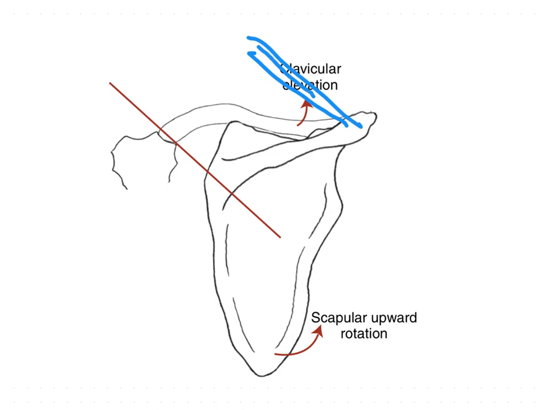As we know, the trapezius has three fibers: upper fibers, middle fibers as well as lower fibers. The next muscle is the serratus anterior muscle. The serratus anterior is attached on the anterior aspect of the medial border of the scapula, isn't it?